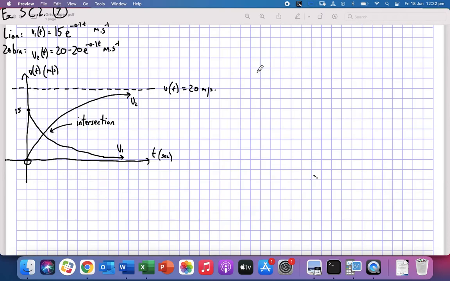So I would say, and the zebra's velocity, let's write something like after point of intersection of velocity curves, V1 and V2, right.